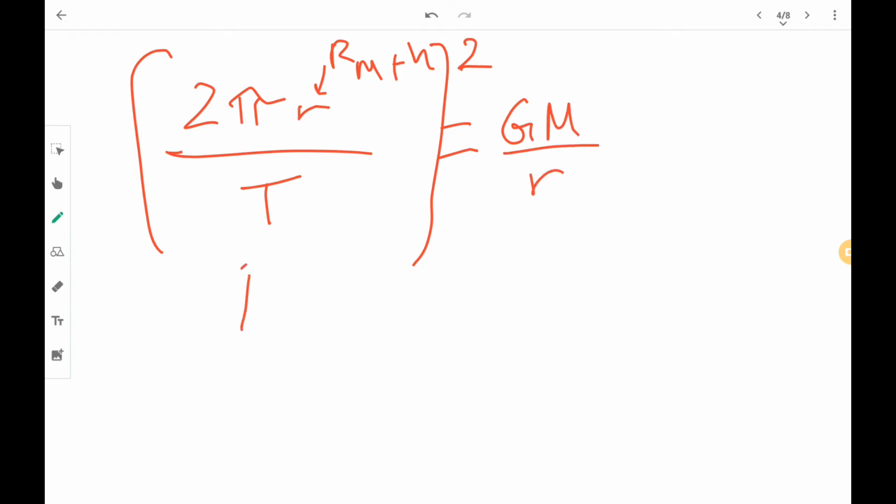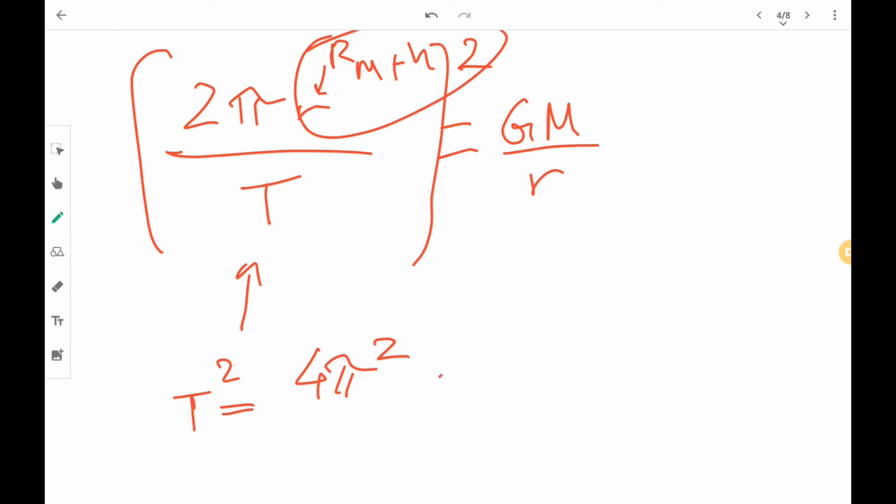You can solve for T now. You will get T squared is equal to 4 pi squared, the total radius r to the power of 3, over G times M.